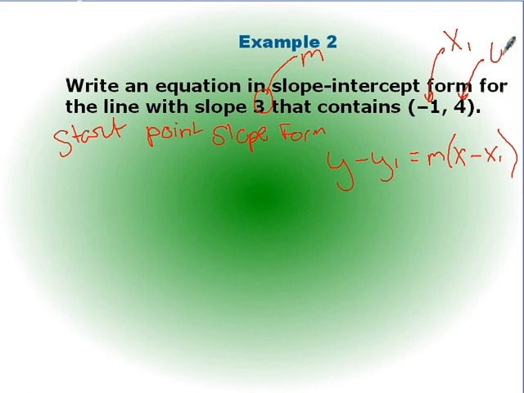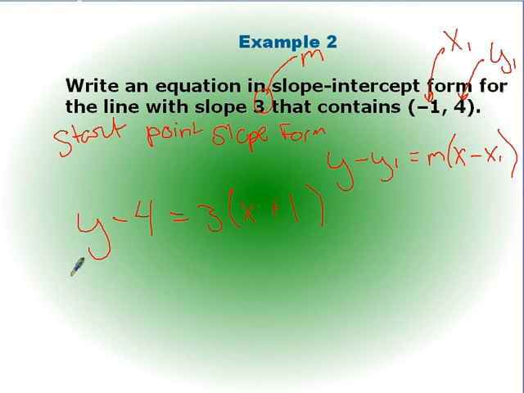There's our y coordinate, so we're going to call that y1. So we'll fill it out: y minus 4 equals 3 times x minus negative 1. Minusing a negative 1 is exactly the same as saying plus 1, so let's clean that up and put plus 1.